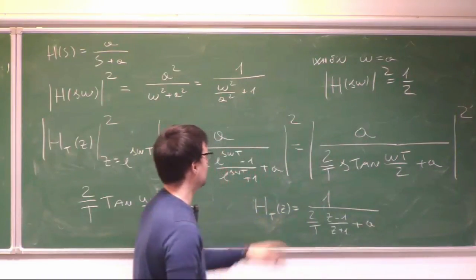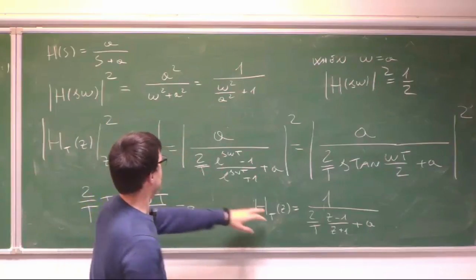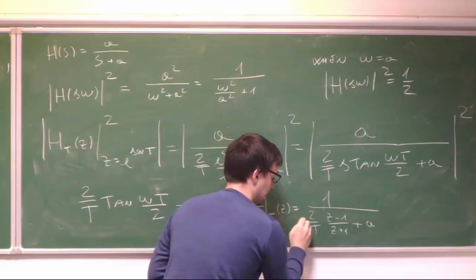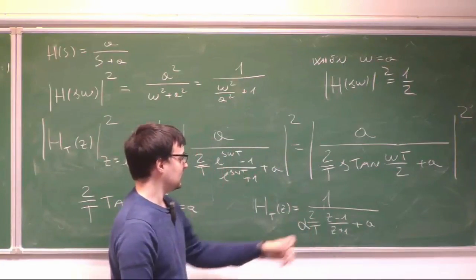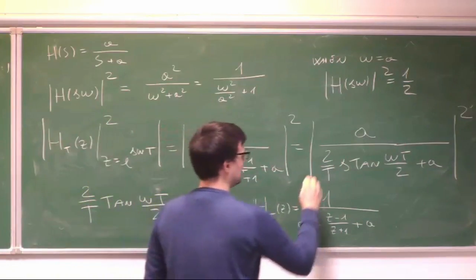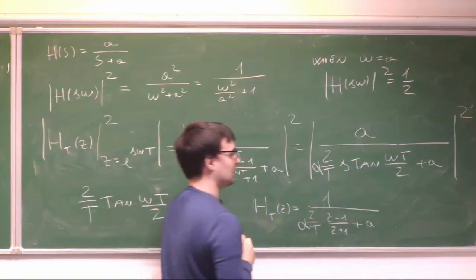So this is the original transformed transfer function with Tustin, okay? So let's now put here alpha. If I put here alpha, and I repeat this analysis, I will get alpha over here, okay?